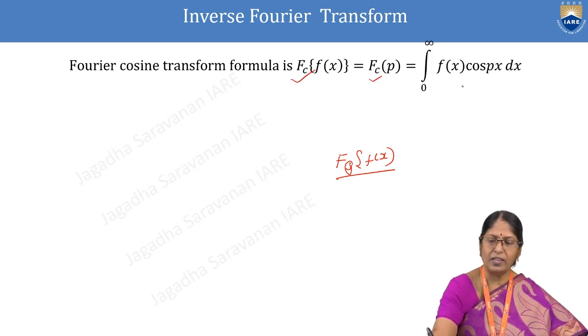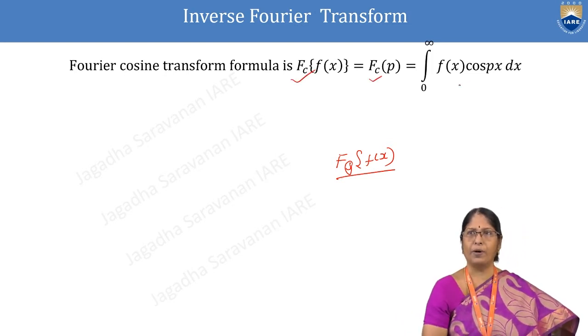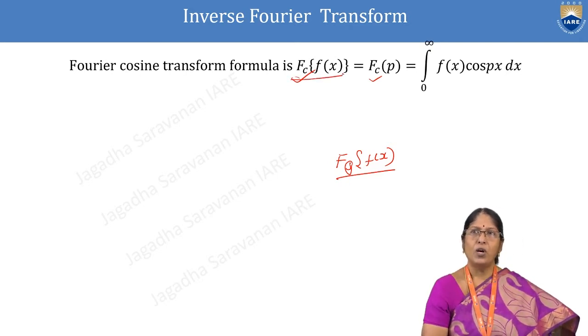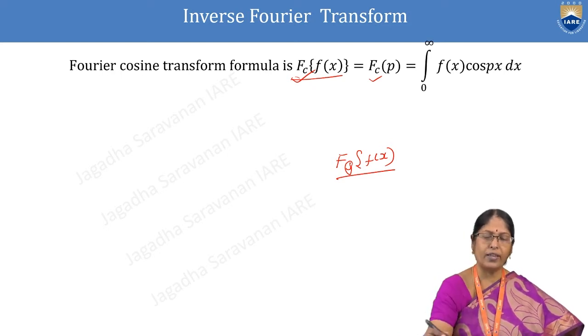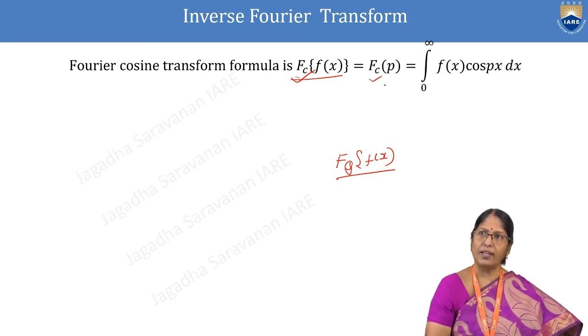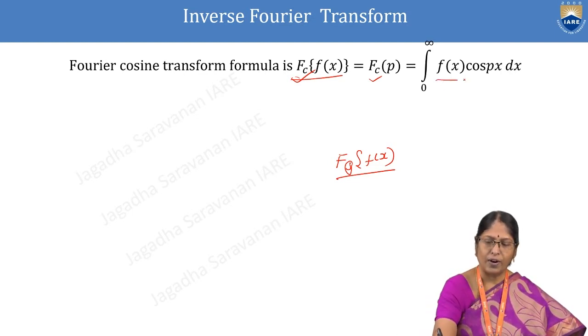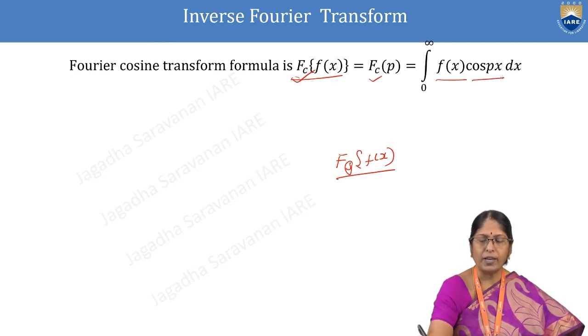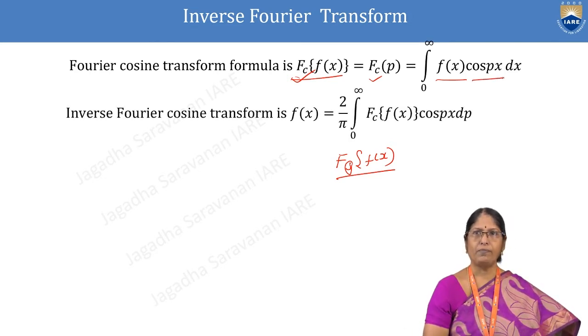It's a very easy way to remember. The Fourier cosine transform of the function f of x, equal to capital Fc of p, is the function multiplied by cos px dx.